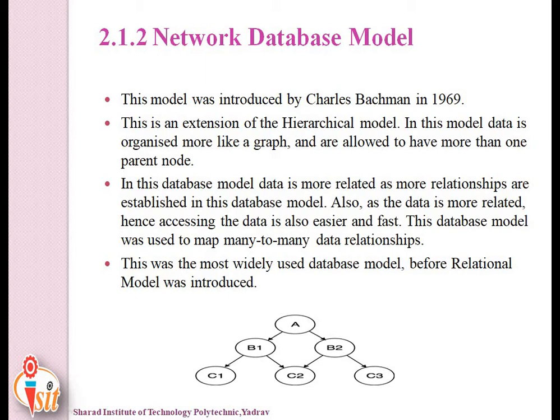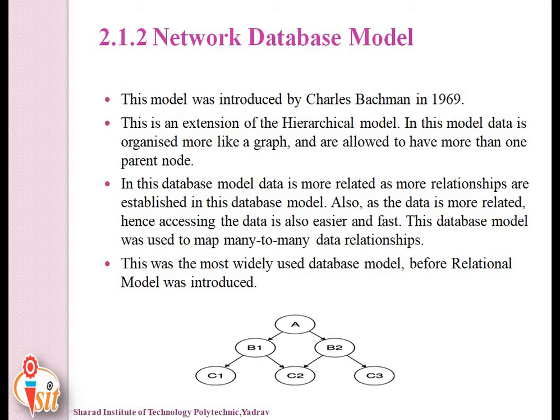Node A is connected to B1 and B2, and again B1 and B2 are connected to C1, C2, C3. It means here is a strong network, and also there is more than one parent for a child. This was the most widely used database model before the relational model was introduced.